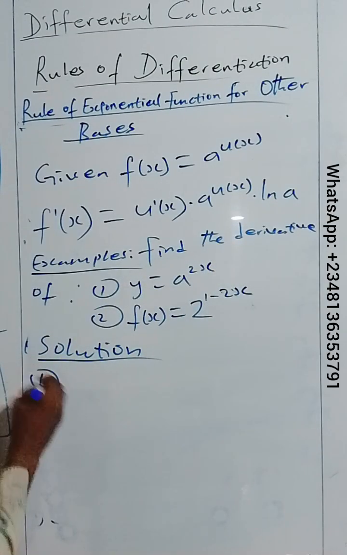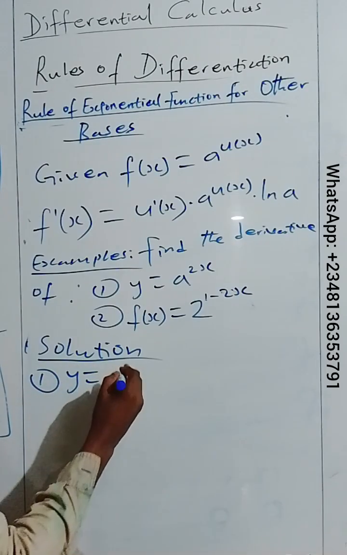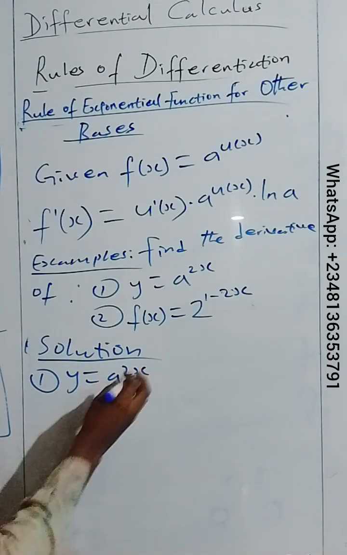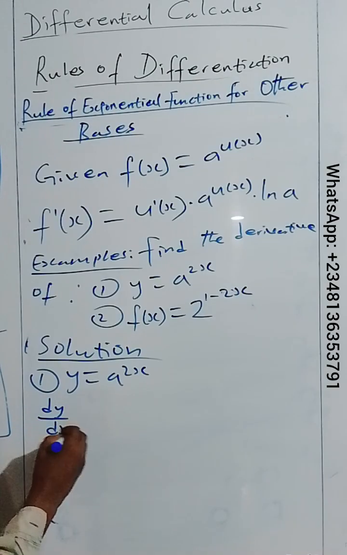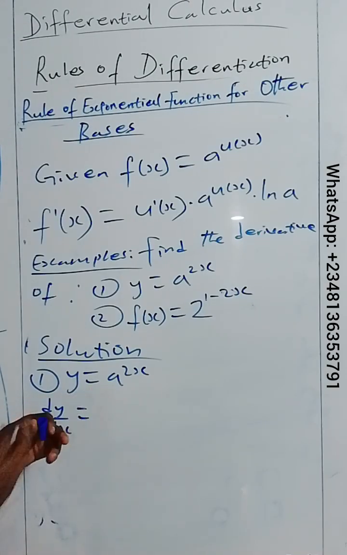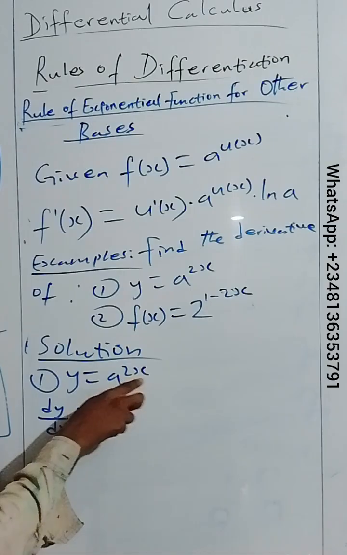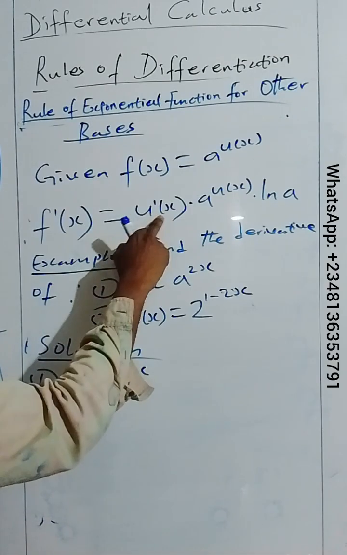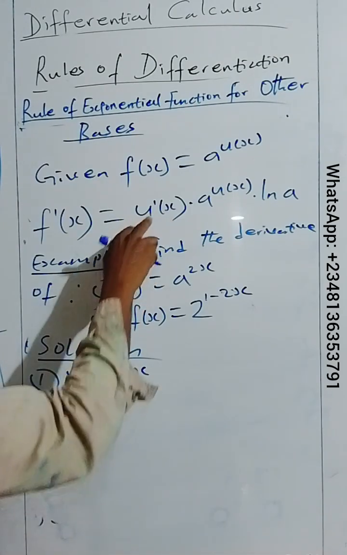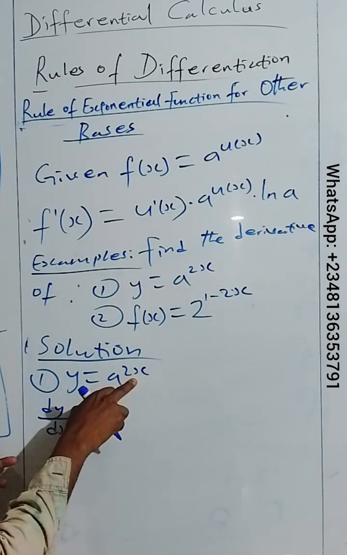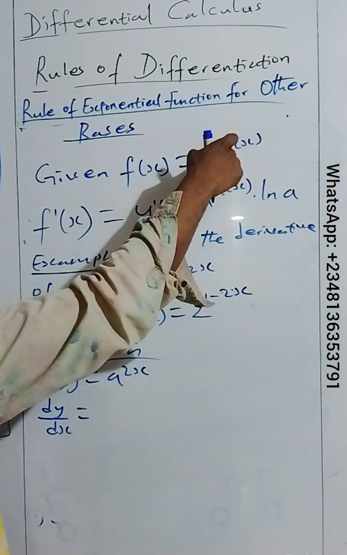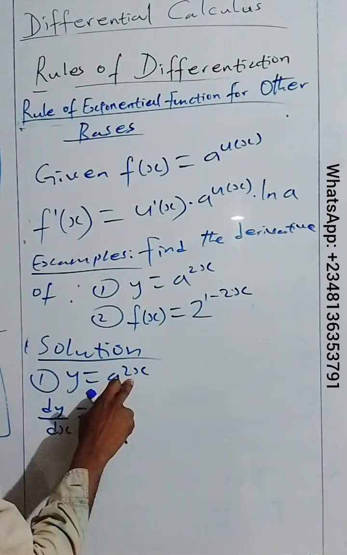For the first one, we have y equals a to the 2x. So the y prime of x will be equal to, don't forget, we differentiate the power. This is the power, meaning that u of x is equal to 2x.